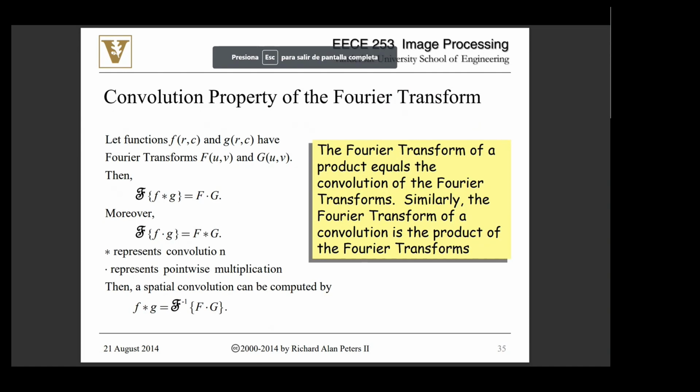And then we will explore a bit the mathematical properties of Fourier transform. And one of the most important ones is that the Fourier transform of a convolution is the product of the two Fourier transforms. And because of the duality, the Fourier transform of the product is also the convolution in Fourier domain.